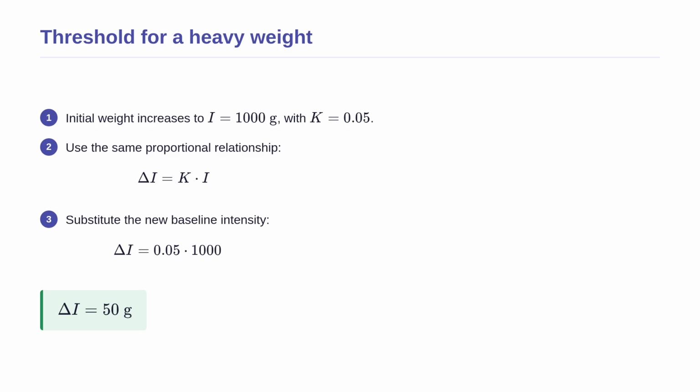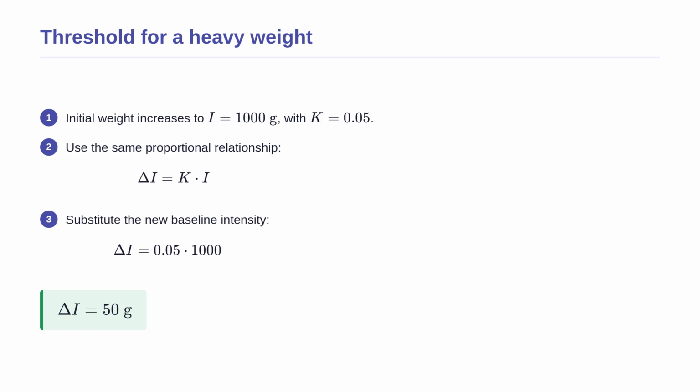Having seen how a light weight behaves, let us calculate the threshold for a much heavier weight. Now, imagine you are holding 1,000 grams, which is 1 full kilogram. We're dealing with the exact same sensory system, so the constant K remains 0.05. We want to see how the threshold changes when the baseline is 10 times larger.